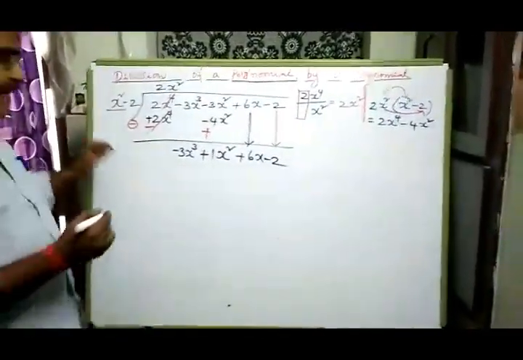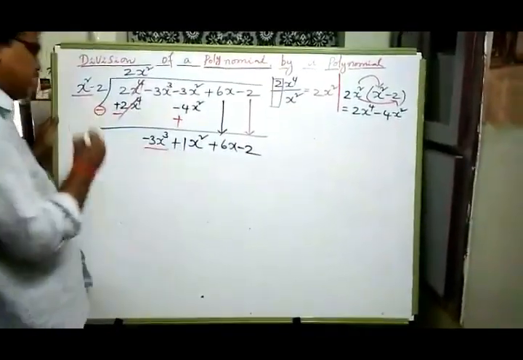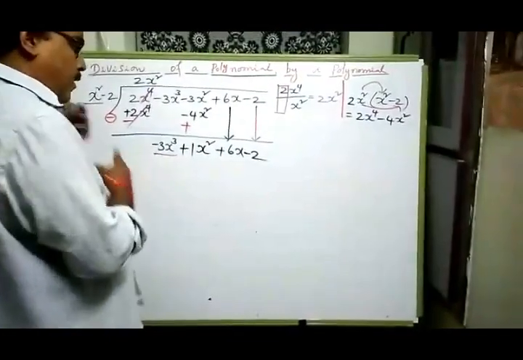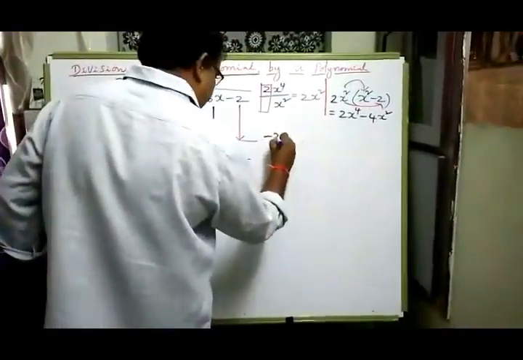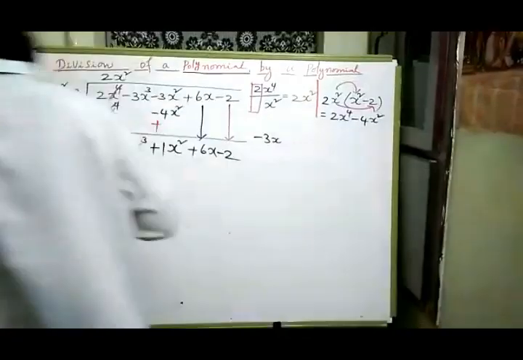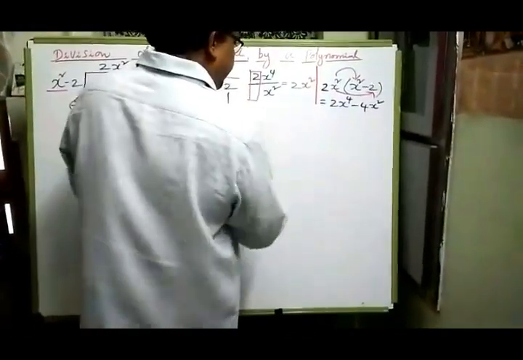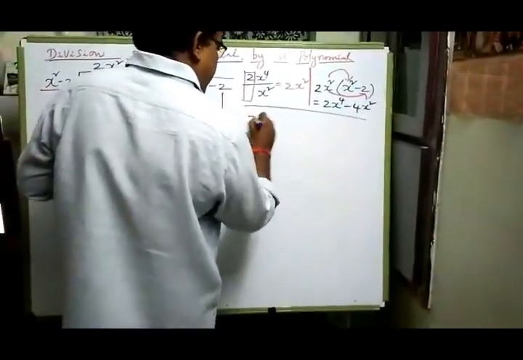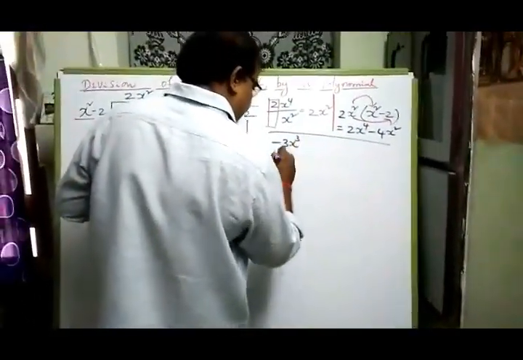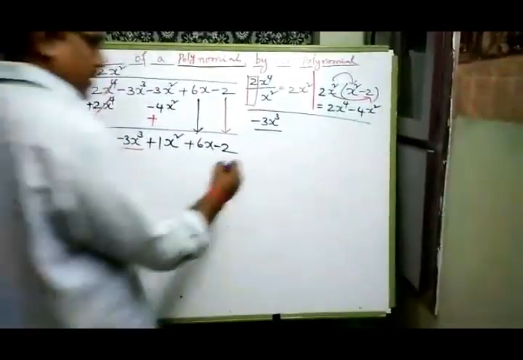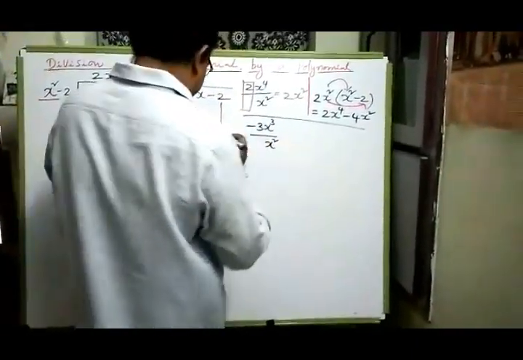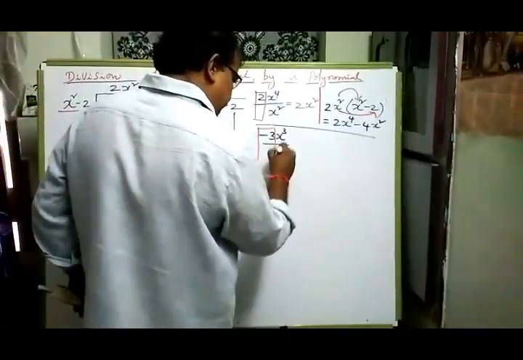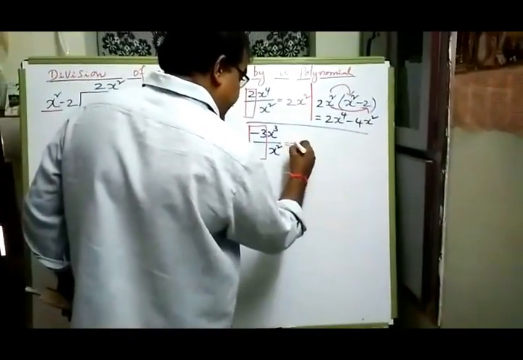So in this new dividend, what is the first term? Minus 3x cube. In this divisor, what is the first term? X square. Once again, a small division: minus 3x cube by x square. Minus 3 by 1 is equal to minus 3.